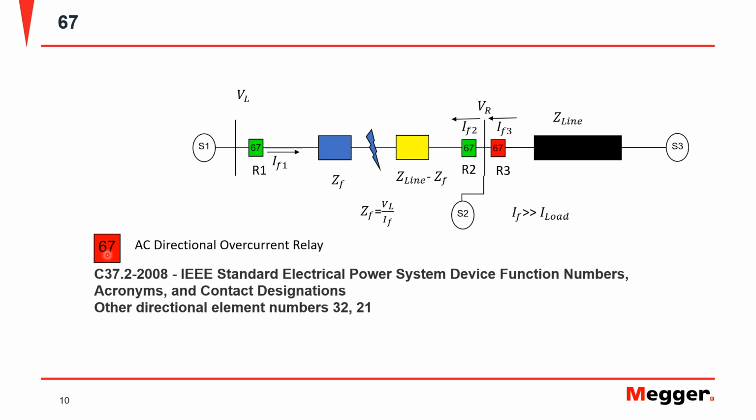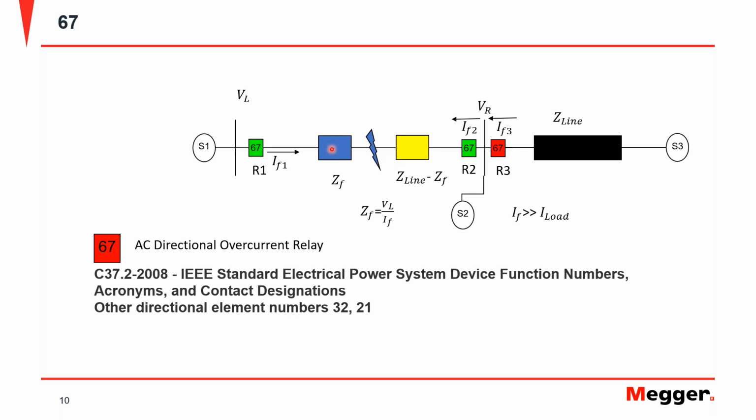And what this relay does is figure out if the fault happened in the direction into which it was programmed, and it will say, yes, the fault happened in that direction, or no, the fault didn't happen in that direction.